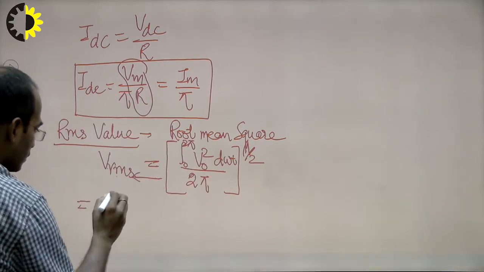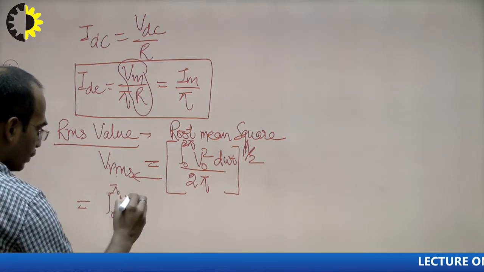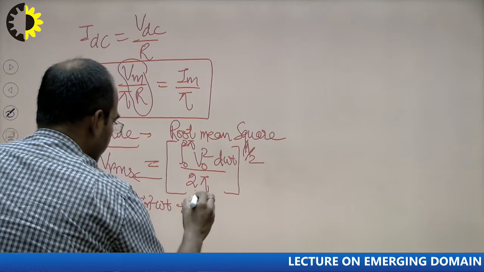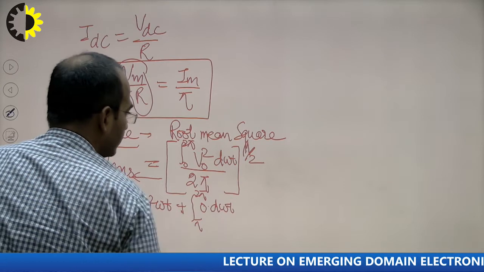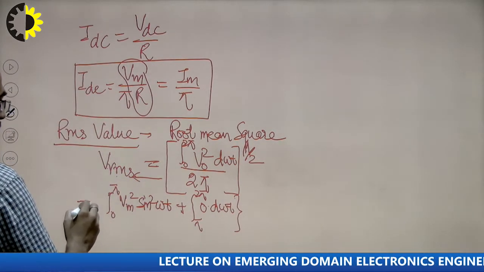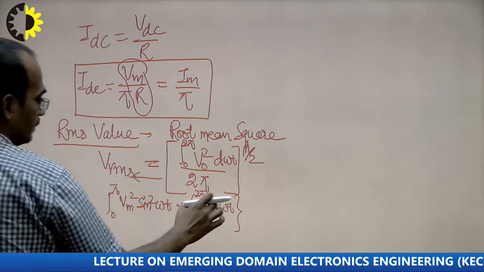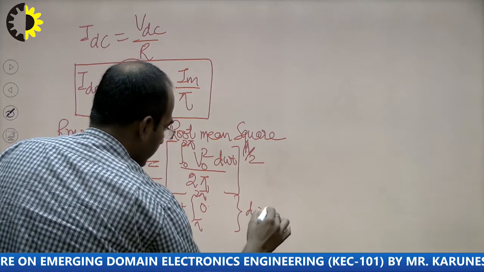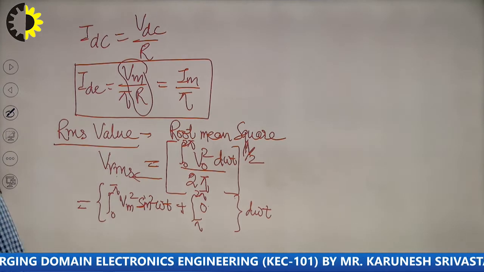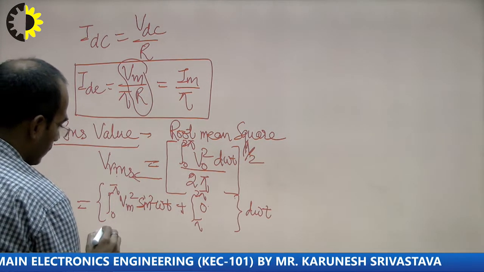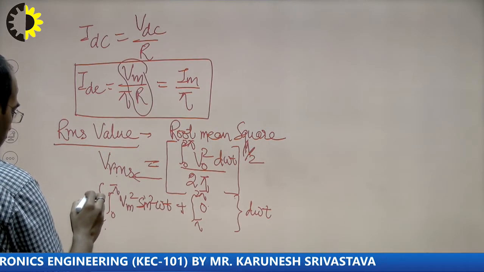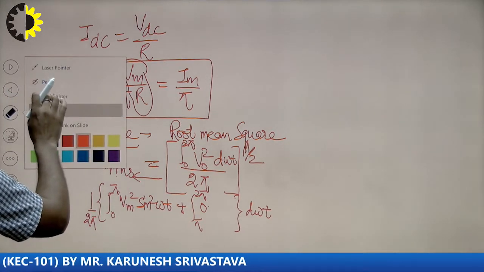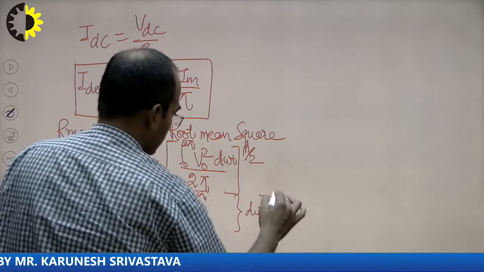So, I am writing here 0 to pi Vm square sin square omega t plus pi to 2 pi 0 d omega t, upon 2 pi, to the power half.